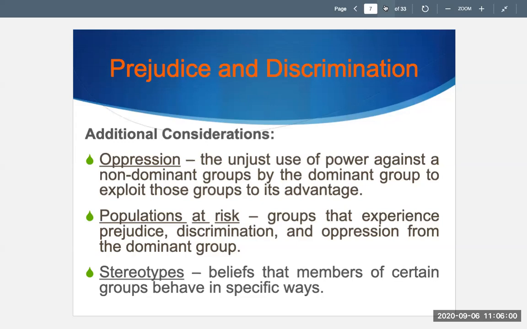We always want to acknowledge individuality in terms of people. And even though people may come from the same ethnic group or the same community, it doesn't necessarily mean that they are similar or alike in any particular way.